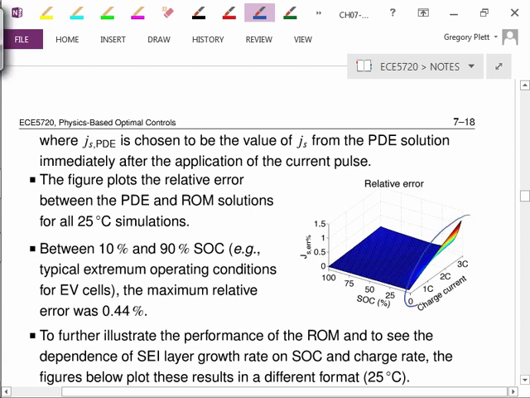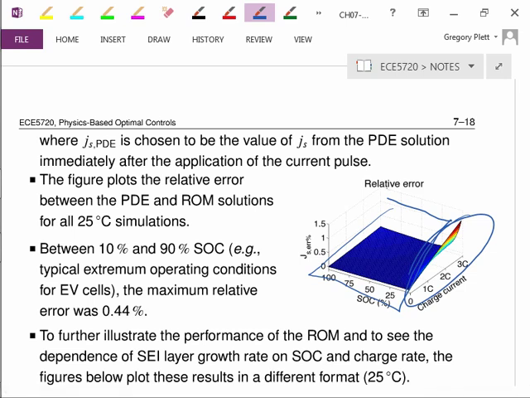And we see that in one range there's noticeable error, but for most of the operating range of this cell there's minuscule error, less than 0.44%. So between states of charge of 10% and 90% SOC, which is typical operating conditions for an electric vehicle kind of application, the maximum relative error was 0.44%, which is very, very low.